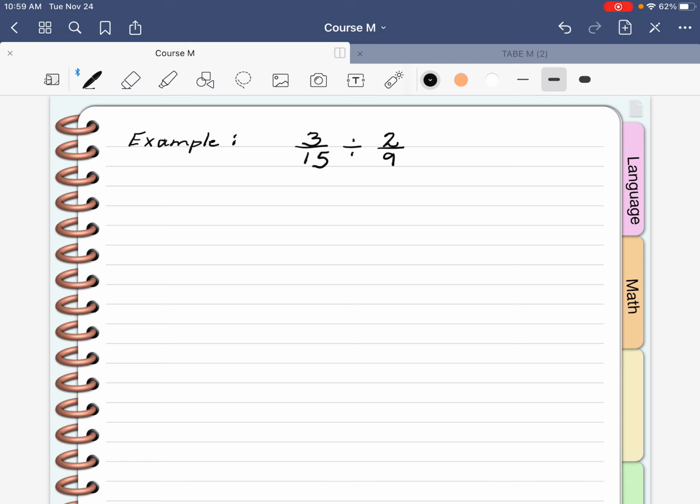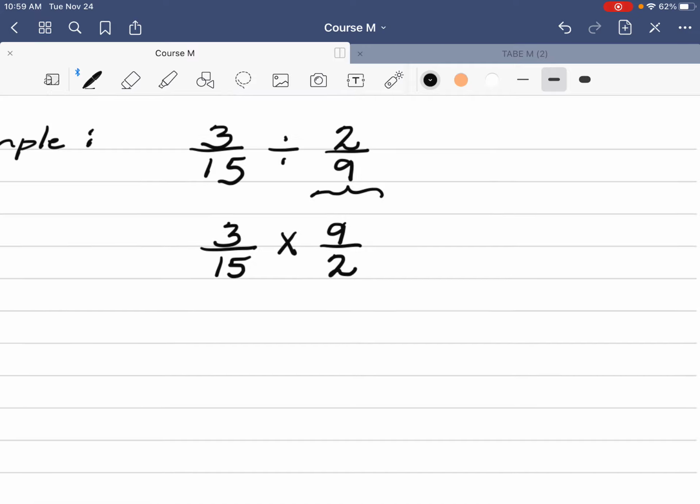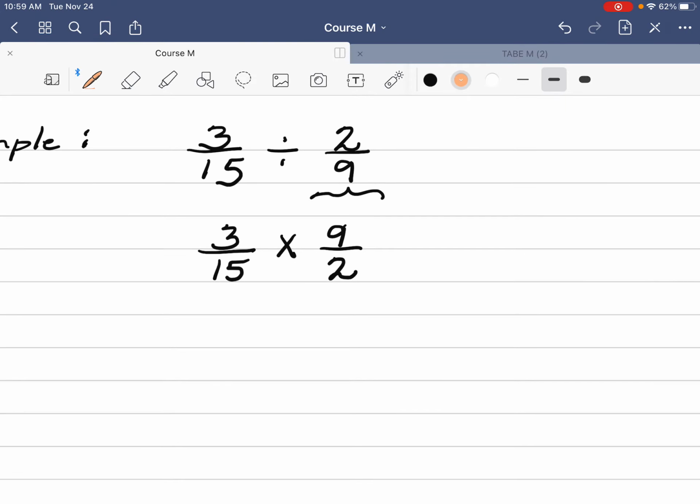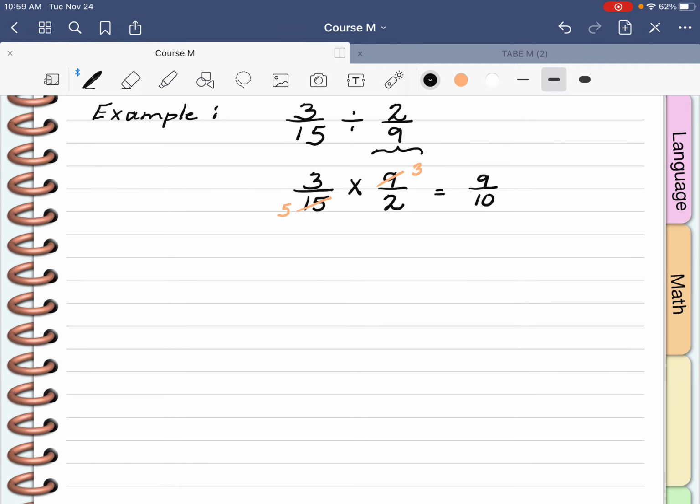No mixed numbers, no whole numbers, so we flip the fraction that follows and multiply. You can cancel here. The 9 and the 15 will both cancel by 3. So that helps a little bit. And then top times top, bottom times bottom, and that will not simplify any further.